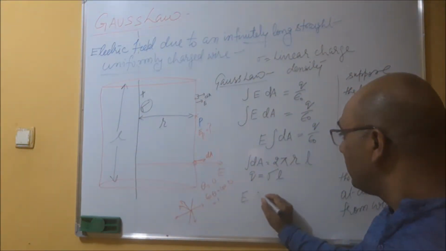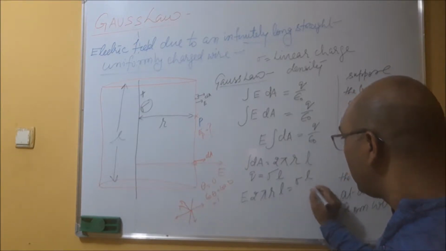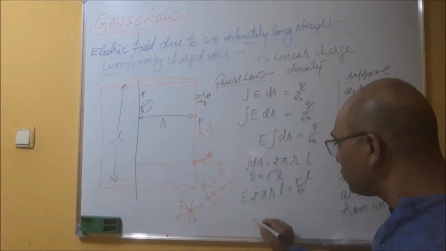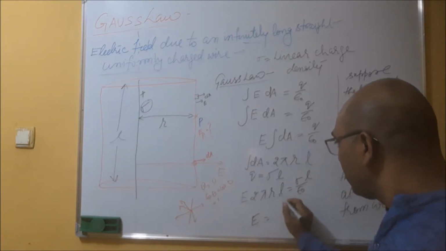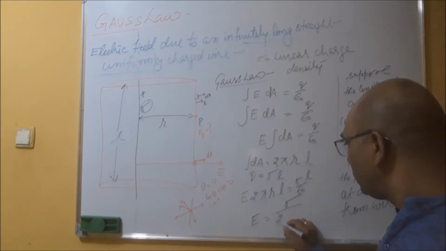So E 2 pi r L is sigma L upon epsilon naught. So E will be, L and L cancel, sigma upon 2 pi r epsilon naught.